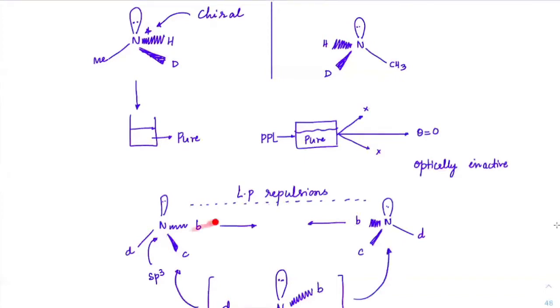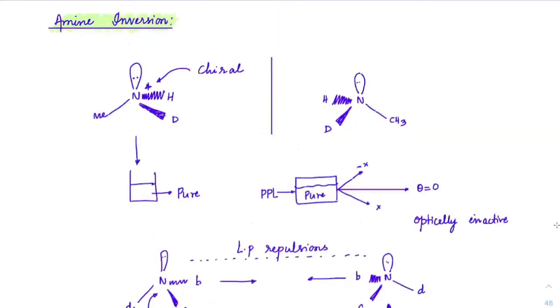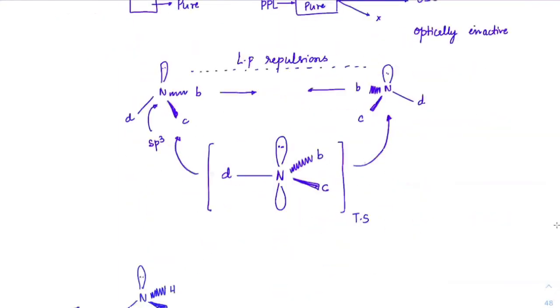So now you can see these two are enantiomeric mixtures, 50% of this, 50% of this. If this rotates by angle x degrees, this will rotate by angle minus x degrees, right? So overall the angle would be 0. That's why it is optically inactive. Correct? So this is called amine inversion. Everyone got this? What is amine inversion? We have discussed this.